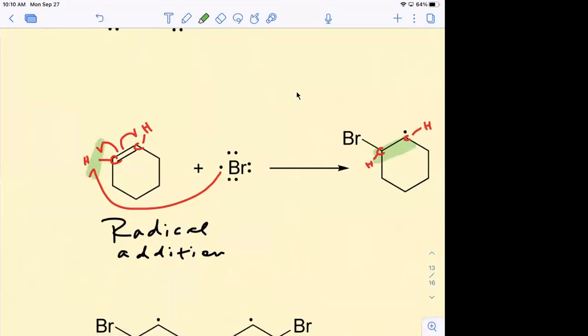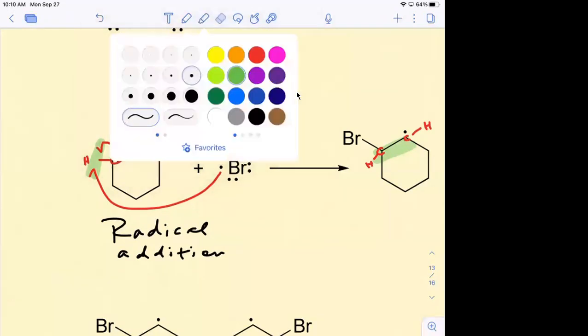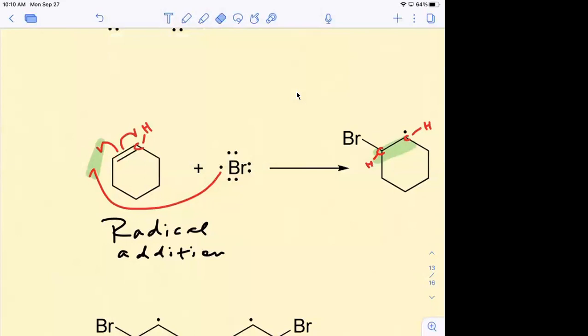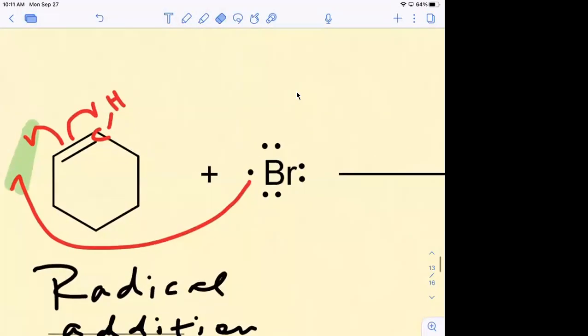Are y'all following that? Anybody not see that? Can you repeat? Go ahead. So the unpaired electron from bromine goes on the hydrogen? No. Let me fix that. That's a great question. It looks like that, but it's actually going towards the carbon.